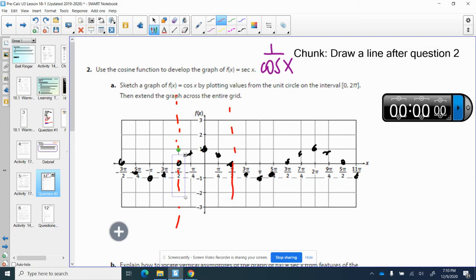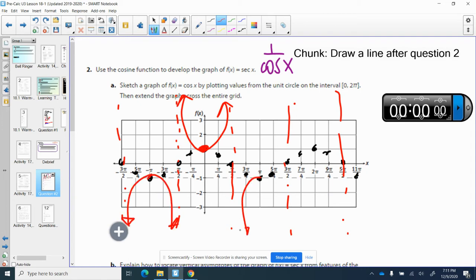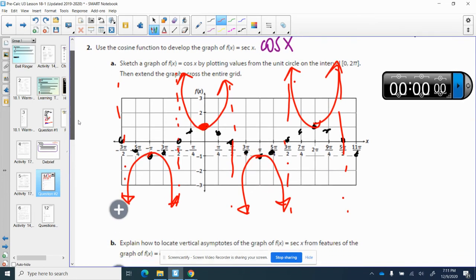So basically, anywhere your graph is touching the midline at 0, you can draw in a vertical asymptote. And anywhere we have a max or a min, these max points or min points of cosine will lead to the vertex of these parabola pieces. Okay, and there is our parent graph of secant.